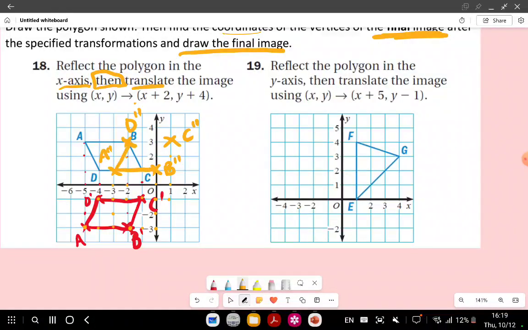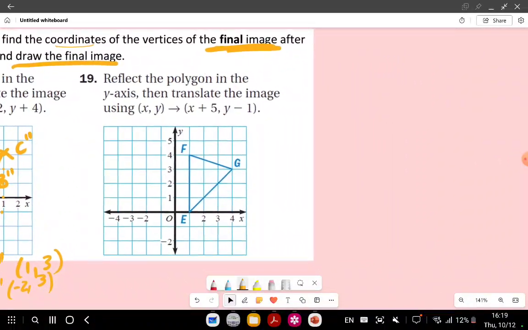And there we go. This is our final image. Reflected, translated, and now coordinates. A2 is -3, 1. B2 is 0, 1. C2 is 1, 3. And D2 is -2, 3.